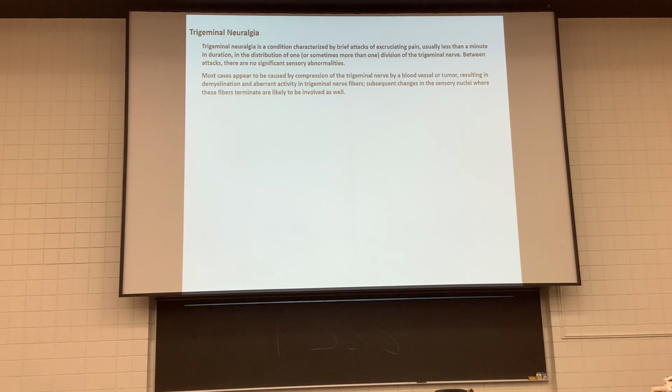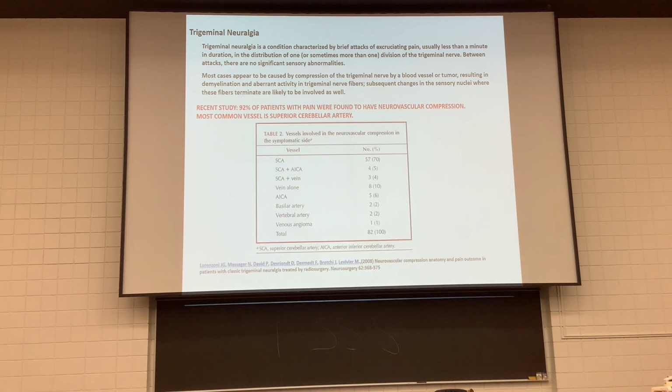For a long time, people didn't know what caused it, but more recently, the studies have shown that in at least 70% of the cases, or more, there is actually compression of the trigeminal nerve by a blood vessel.